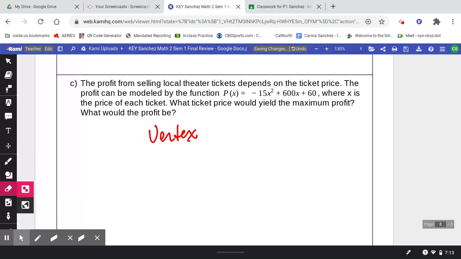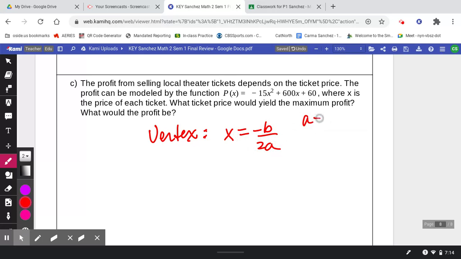So you guys know 3 ways to calculate a vertex. You guys know how to factor it and average the roots. You guys know how to do baby vertex formula, and you know how to complete the square in order to put it in vertex form. I would just do the straight up baby formula. So a is negative 15, b is 600, and c is 60.